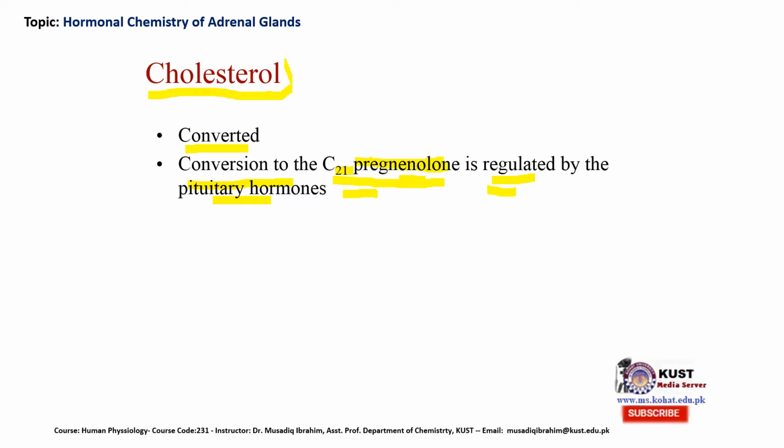And in case of oversecretion of pregnenolone, the pituitary hormone gives a negative feedback to the adrenal gland to stop the synthesis of the pregnenolone. That is how the synthesis of pregnenolone is being regulated by the pituitary hormones.